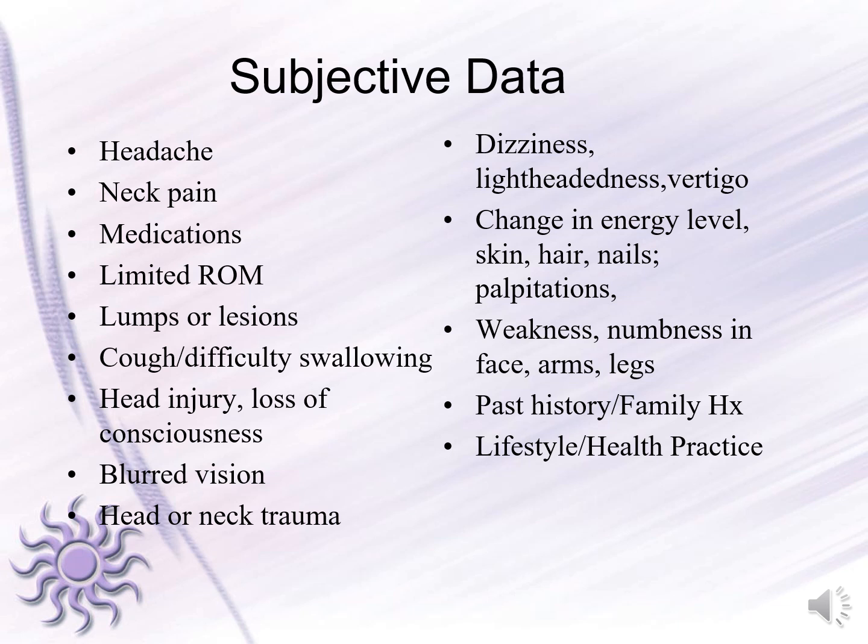Any weakness or numbness in face, arms, and legs. We see these things when we're talking about Bell's palsy and stroke. Any past history or family history is also important to note.